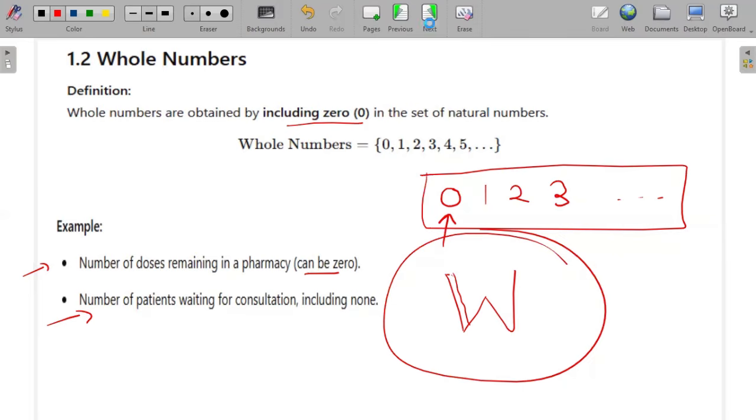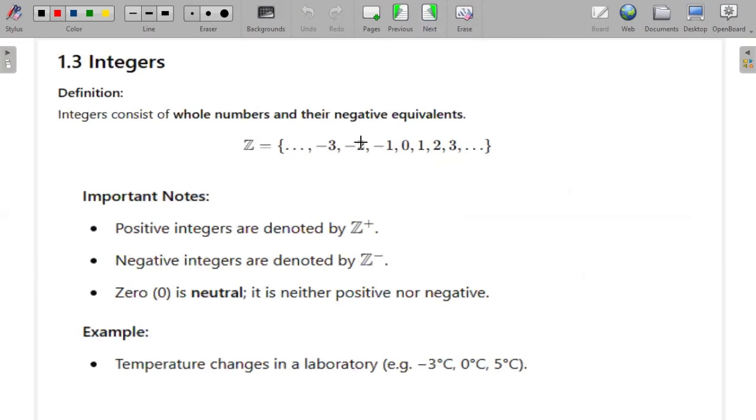Right, so let's move on to talk about integers now. Okay, so integers, how can I put it in the simplest way? You saw the set of whole numbers, right? To that set of whole numbers, we just add replicas of the numbers that are coming after 0, but we include a negative in front. So we first had natural numbers, which were 1, 2, 3, and so on. Then when we included the 0, we got what?